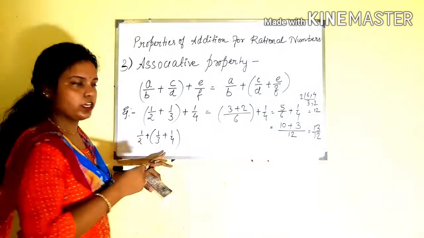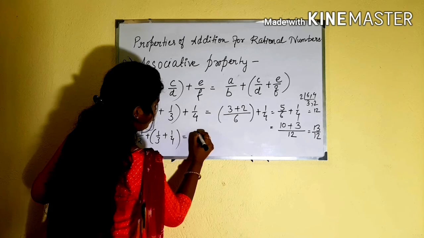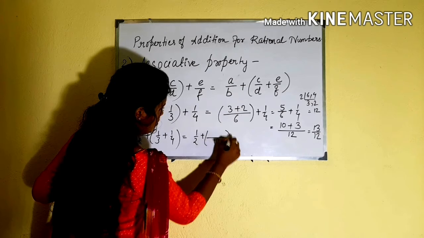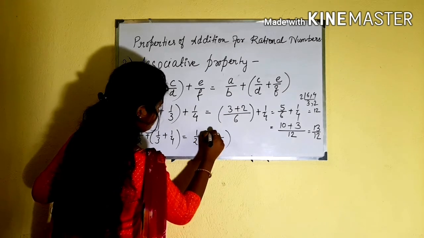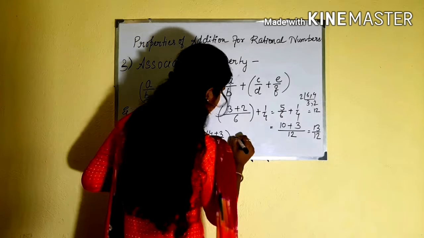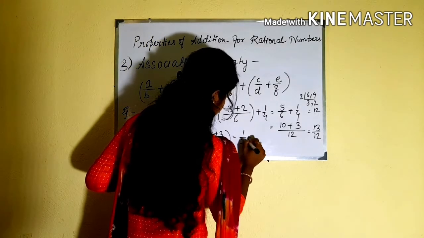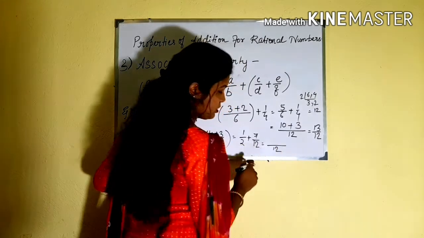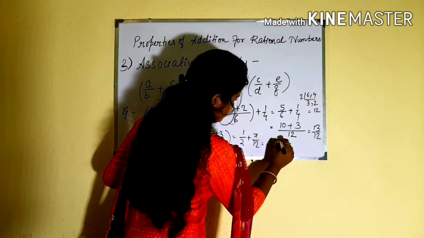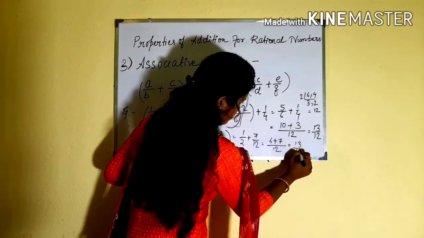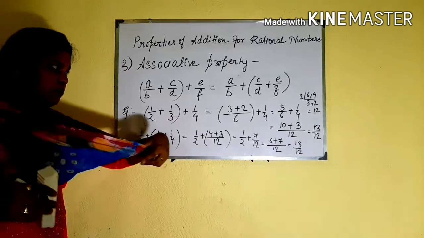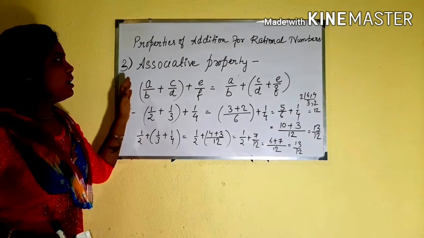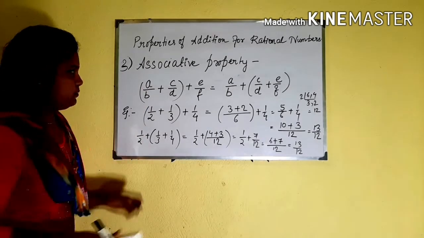As we know, we will be working out the brackets first. LCM is 12 here. Results come out to be the same, 13 by 12 and 13 by 12. So you can easily understand how addition holds for associative property.